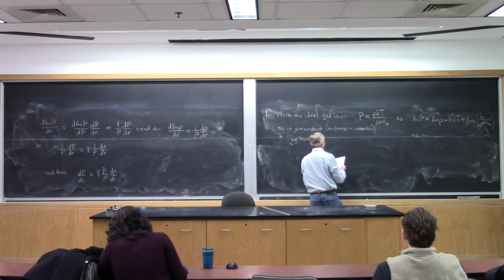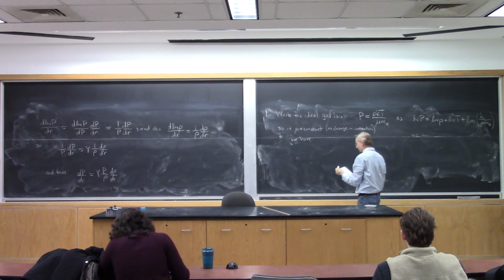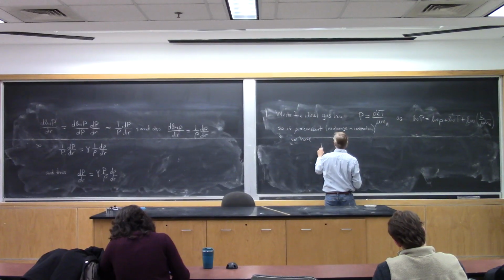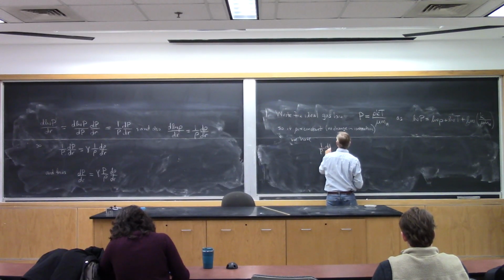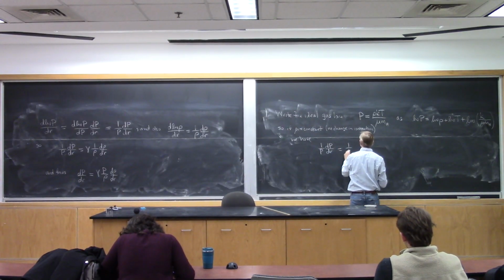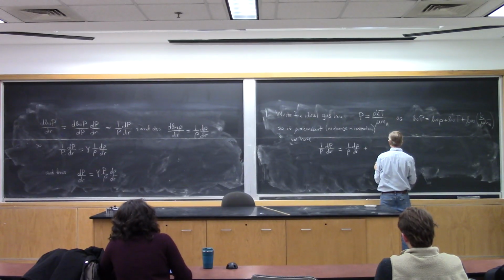Well, let's do those derivatives again. So we can say that 1 over P dP dr is equal to 1 over rho d rho dr plus 1 over T dT dr.